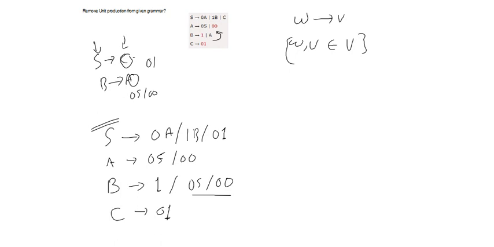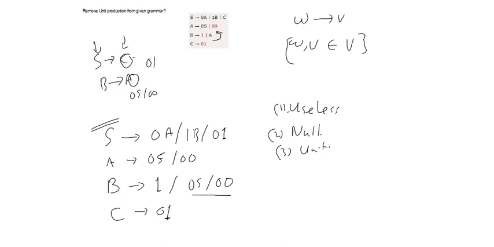I hope all of you understood all three procedures. Whenever we are simplifying the grammar, we follow the same sequence. First, we eliminate useless symbols. Second, removal of null production. Third, unit production.